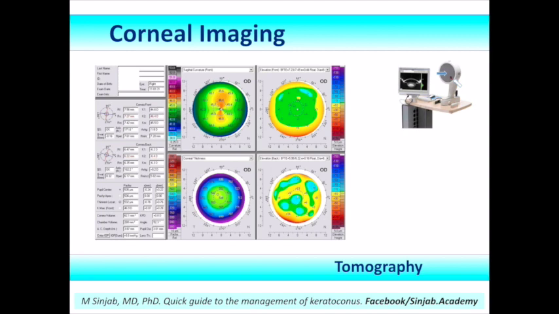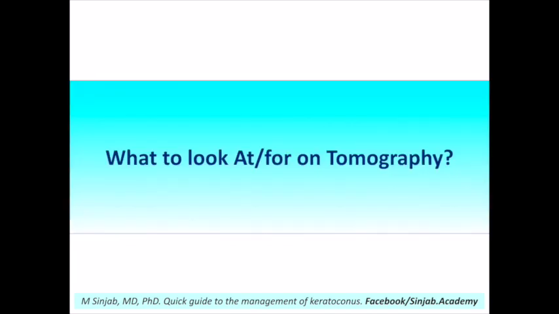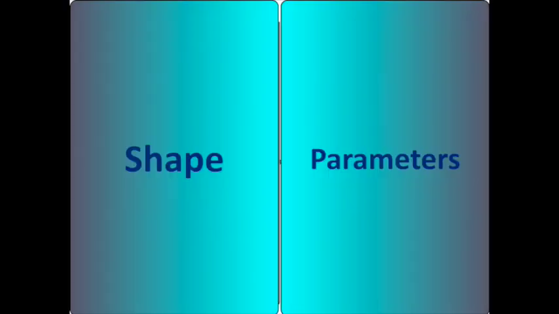While the topography can give us only two kinds of anterior curvature maps, which are the anterior sagittal and the anterior tangential maps. Now, the question is what to look at and what to look for on tomography.